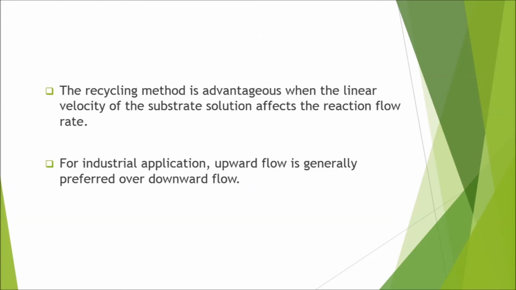This is because the recycling method allows the substrate solution to be passed through the column at a desired velocity. For industrial applications, upward flow is generally preferred over downward flow because it does not compress the beds in enzyme columns as downward flow does. When gas is produced during an enzyme reaction, upward flow is preferred.